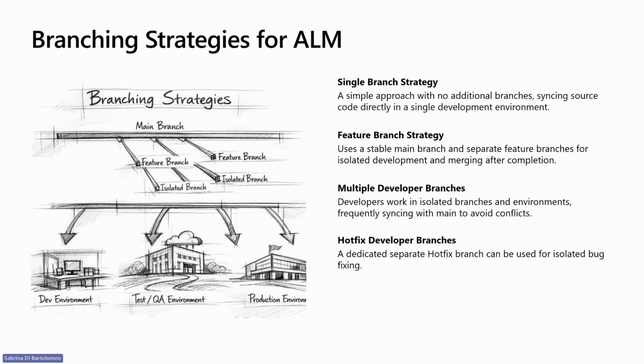Since a solution is code, the traditional software development process can also be applied to solutions. Nearly every source control system has some form of branching and merging support, and each implementation team chooses the branching strategy that works best for them.